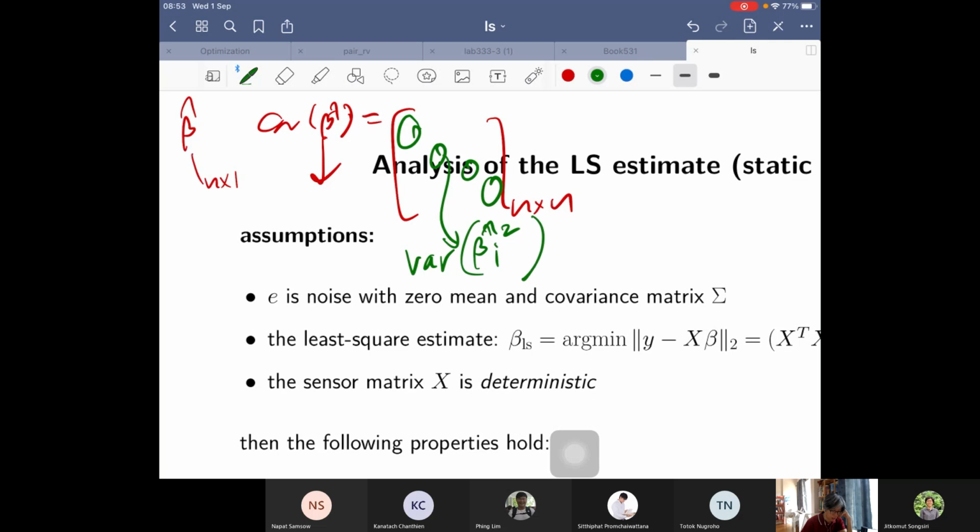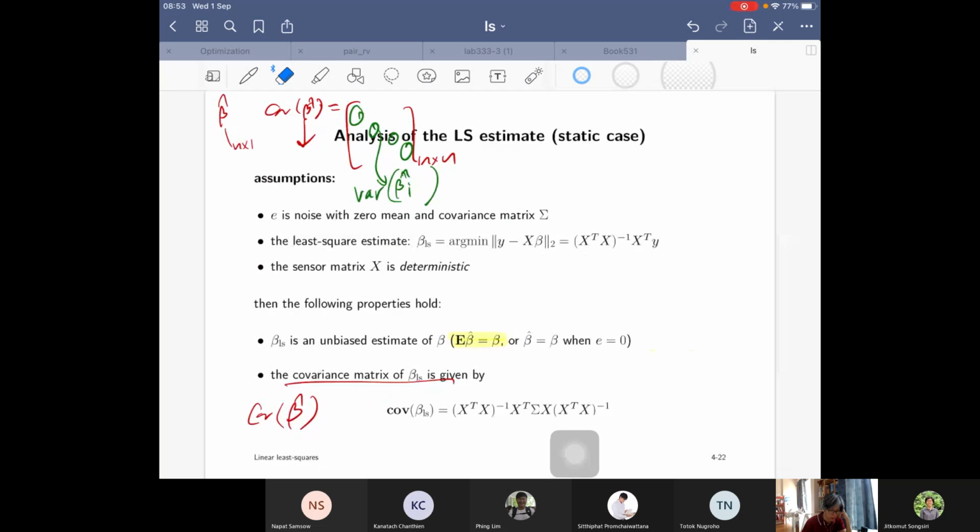The i-th diagonal element of the covariance gives you the information about the variance of beta i. So basically, the covariance matrix, just like the variance, can tell you how reliable your beta hat is, based on that point estimate.